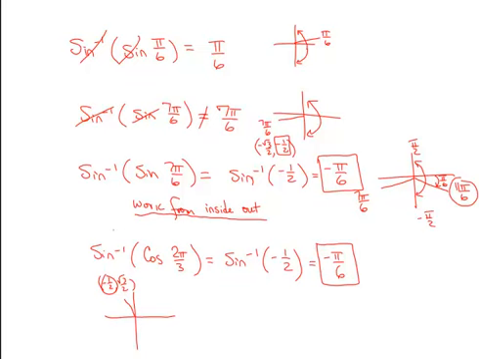Okay. The other variation that we can have is we can have the inverse on the inside. And we can do things such as cosine of inverse tangent of 3/5. Notice now our inverse function is on the inside.